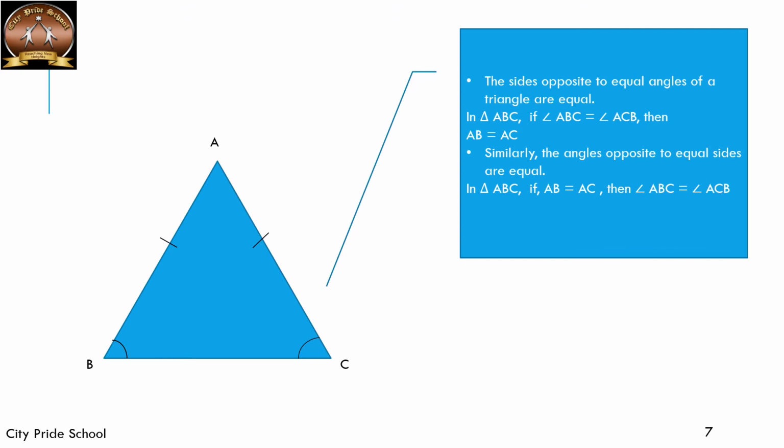That means if in this triangle AB is equal to AC, then angle ABC is equal to angle ACB. That is, the angles opposite to equal sides are equal. So these are some more properties of triangles.